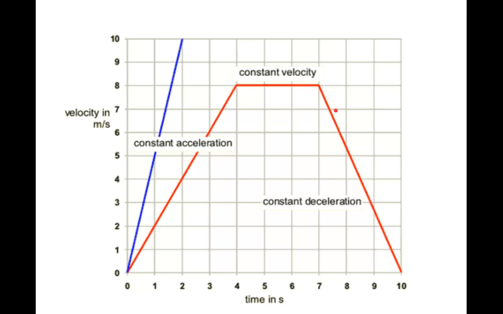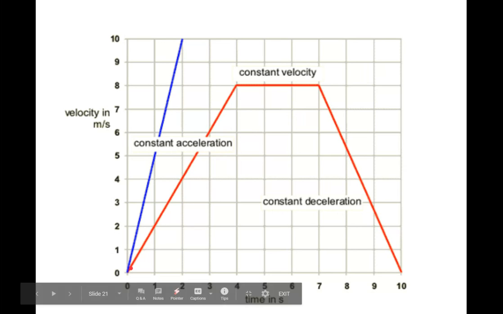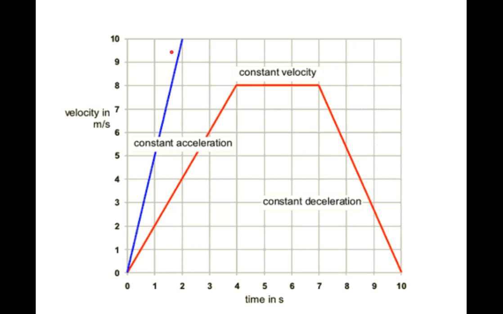Okay, so here's two different objects moving, and this graph shows their velocity over time. So the blue object has a constant acceleration. You can tell it's constant because remember, acceleration equals slope. If it's a velocity time graph, acceleration equals slope.